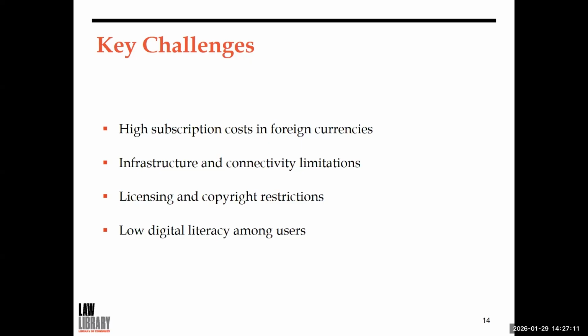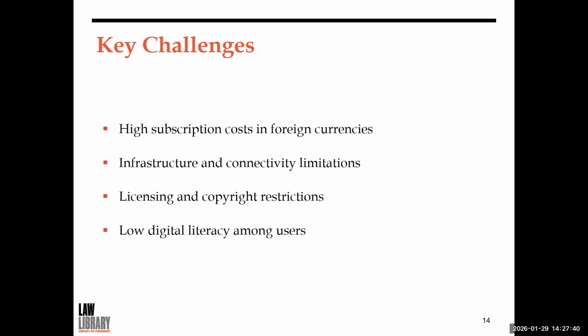Infrastructure and connectivity limitation is also another key challenge that we face when we are providing legal research. You'll find that some places in Kenya experience poor network coverage, slow internet speed, and frequent power outages. These are some of the challenges that limit access to online legal databases.